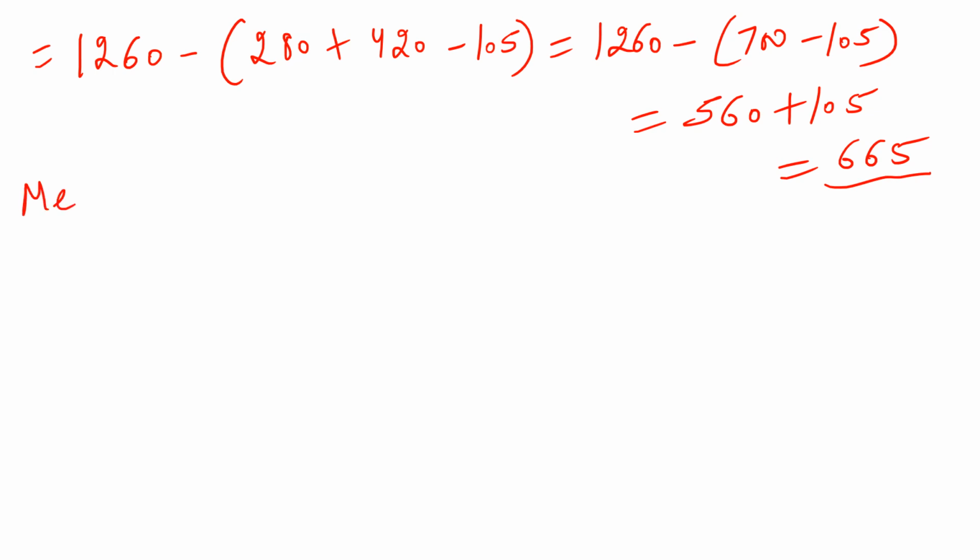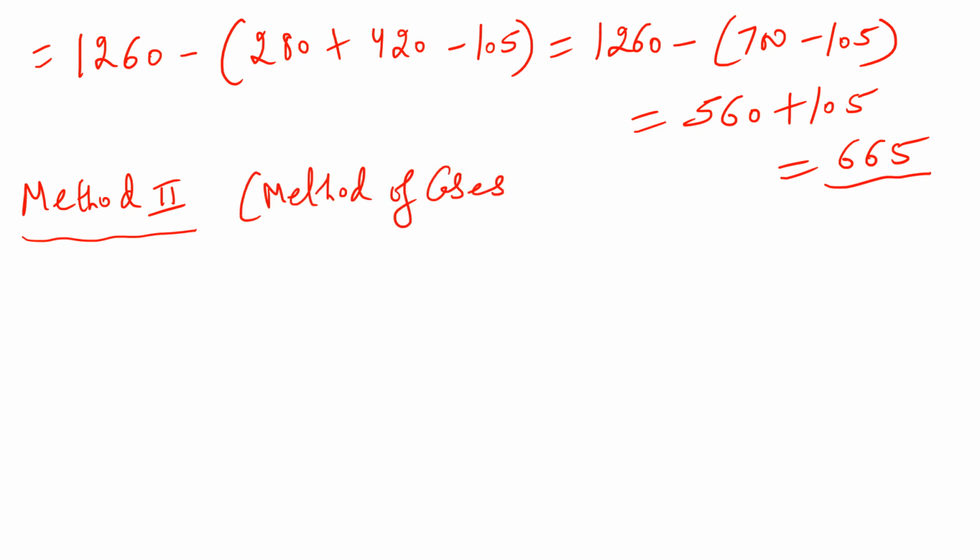Now I am explaining the same question by the second method. This is the method of cases. I will be listing all the possible cases in which we can form the teams by satisfying all the given conditions.